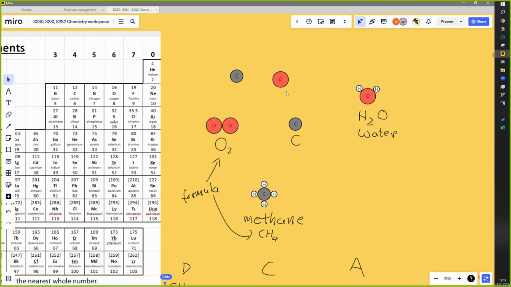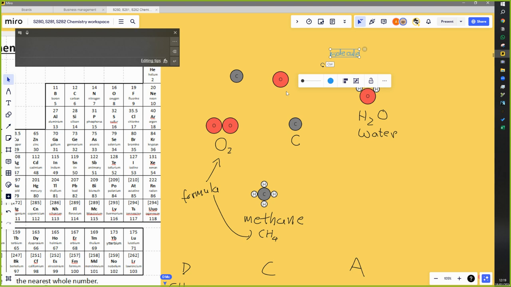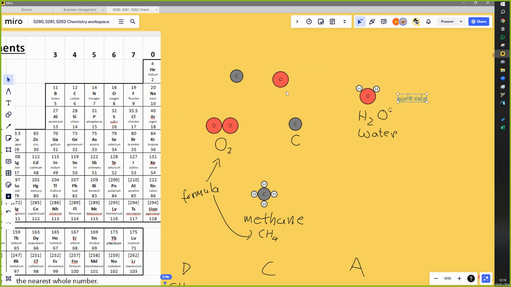I've got a molecule here, a molecule here. I'm going to just write molecule, and then I think I'm going to shrink it, maybe give it a different colour, and we'll put it by here, and by here, and here.